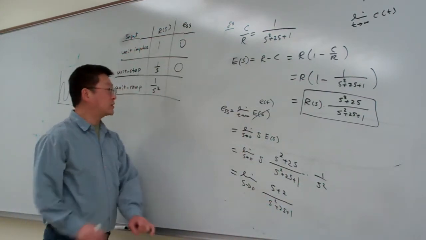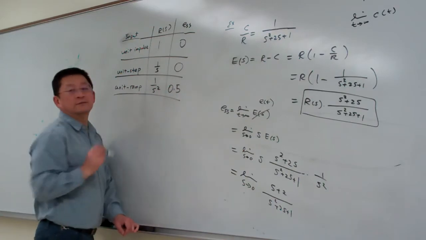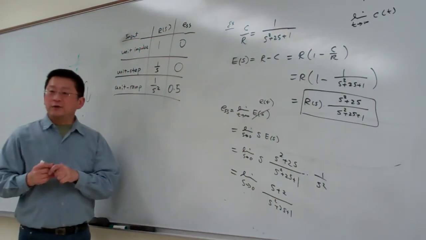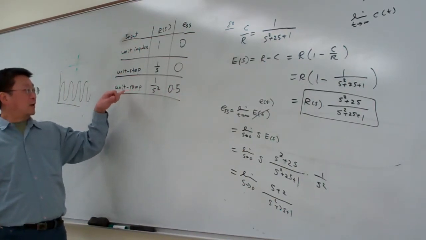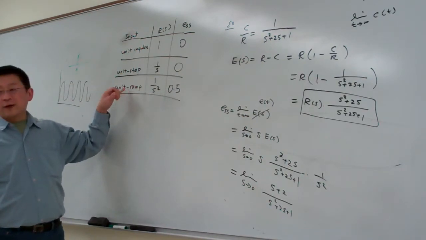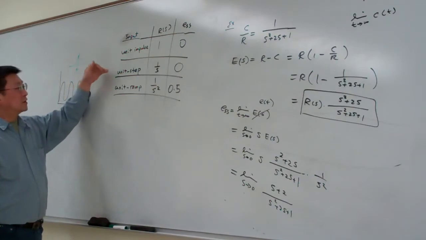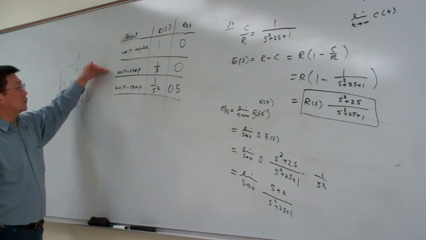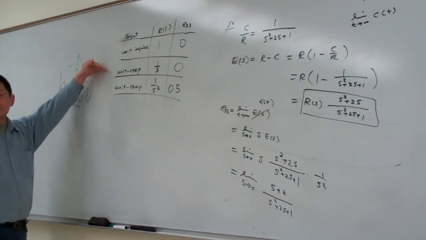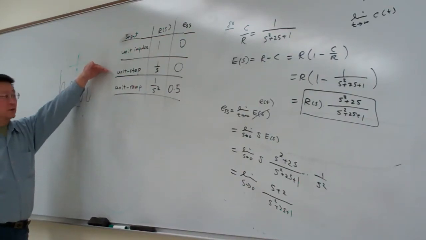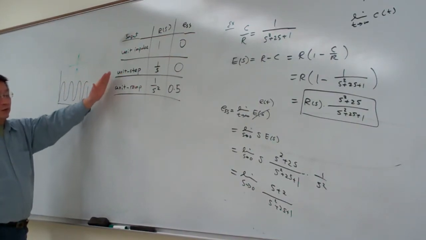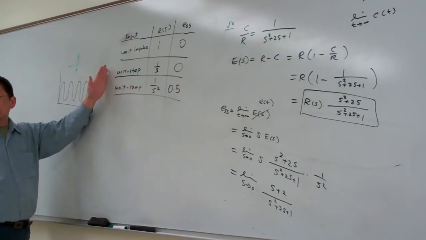So basically this is 0.5. So the steady state error appears when the input becomes the unit ramp. The unit step input is pretty much constant. The unit ramp input is pretty much fast.